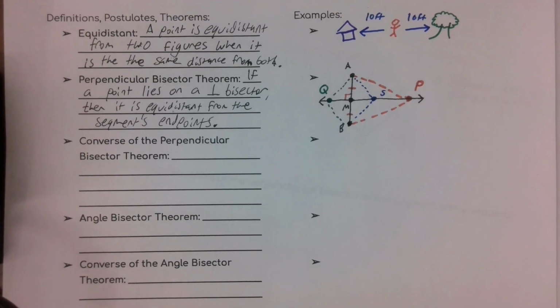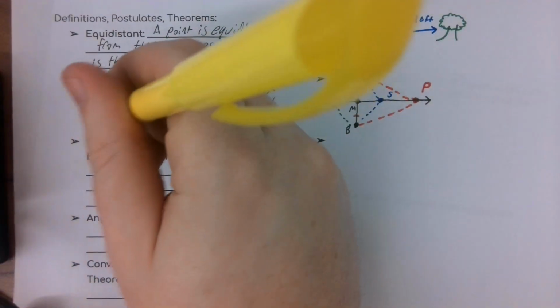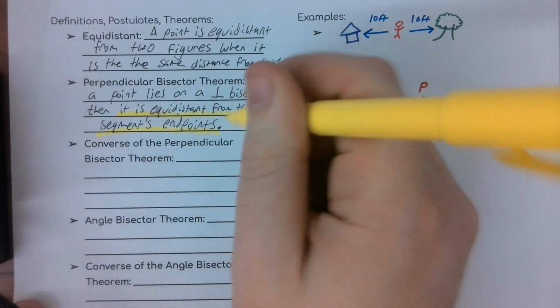So we have to remember back to Unit 2 when we talked about converses. A converse is what happens when you flip the hypothesis and the conclusion. In other words, the part that comes after the then comes first.